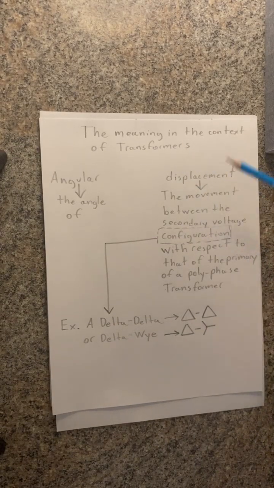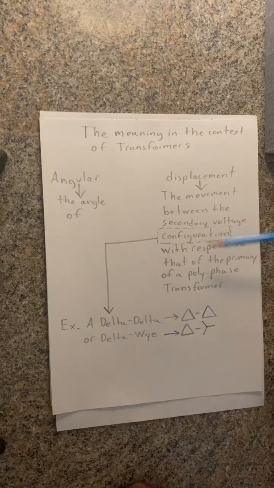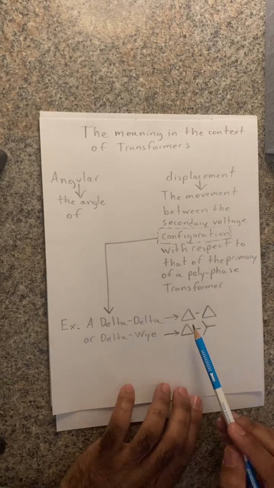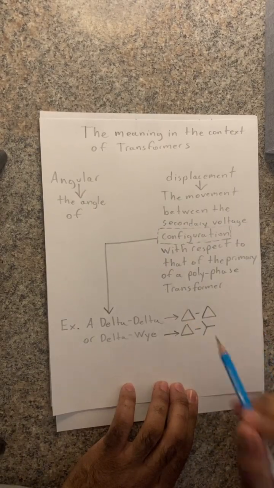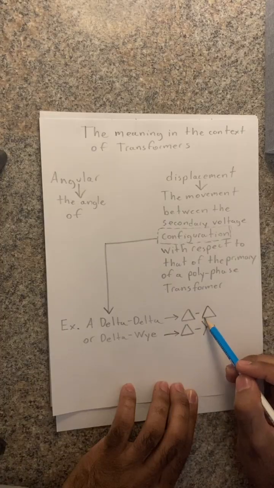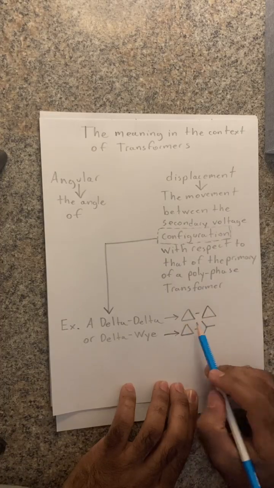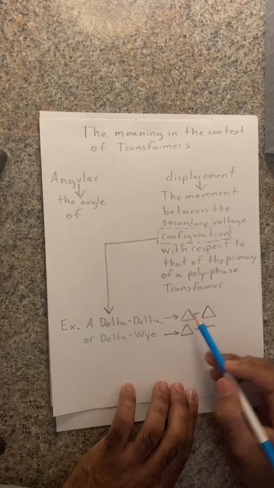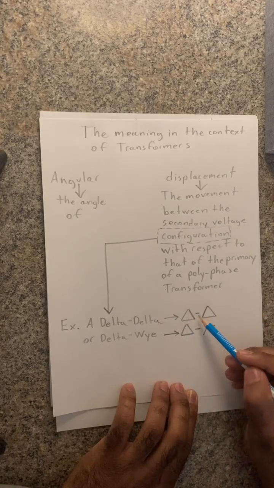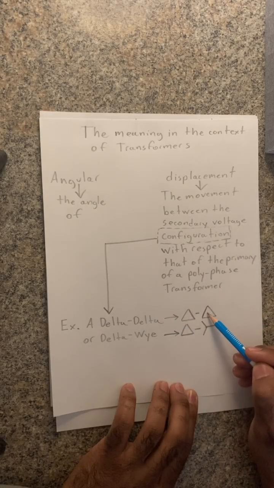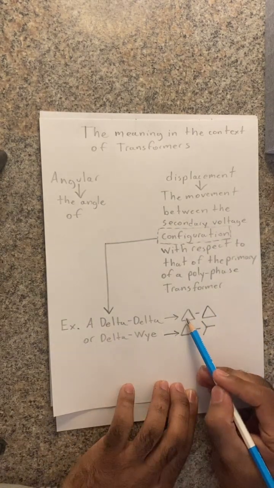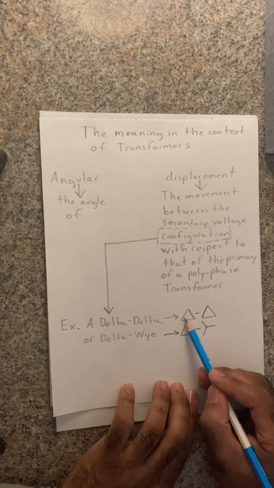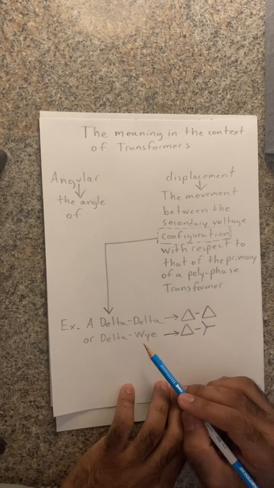So based on this definition, and now that we have covered the meaning of angular displacement in this context, the question becomes: what is the angular displacement, that is the movement, between the secondary voltage configuration with respect to the primary voltage configuration? What is the angular displacement between a delta delta, for instance, or a delta Y?